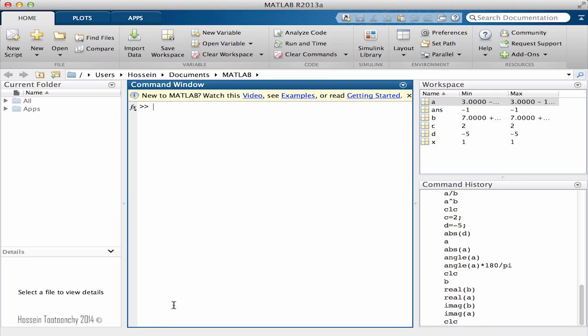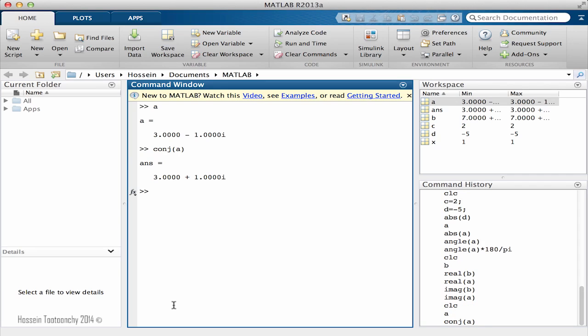One more function that I would like to talk about here is conjugate, the complex conjugate. If I have a, you know that the complex conjugate is the same number, but with the opposite sign for the imaginary part. If I say conjugate of a and hit enter, you see that the same thing is returned, but with the different sign.